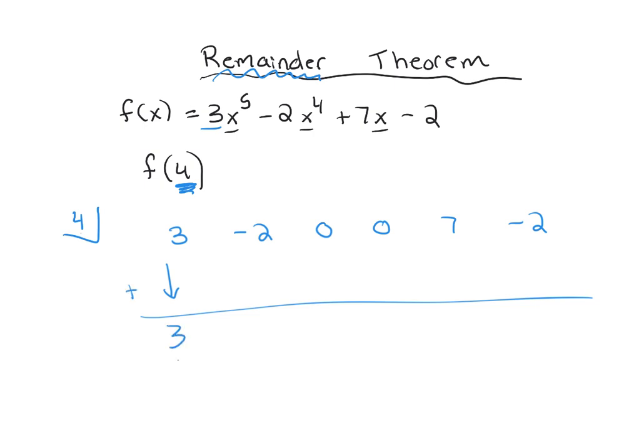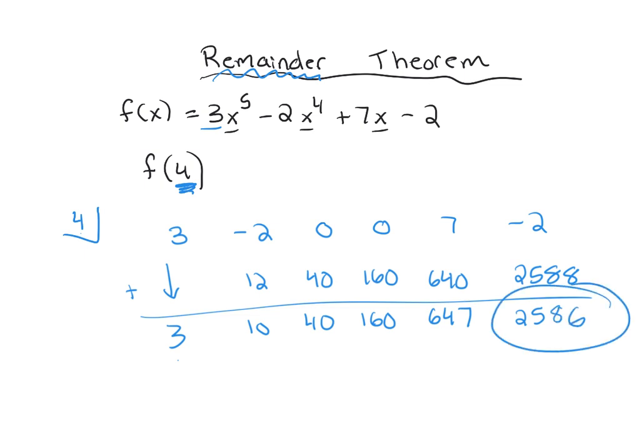So 4 times 3 is 12, then add to get 10, multiply 40, add 40, multiply 160, add 160. 4 times 160 is 640. Add to get 647. Multiply by 4 and you'll get 2,588.